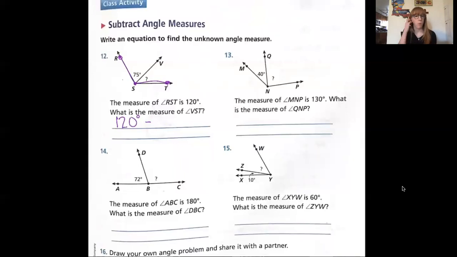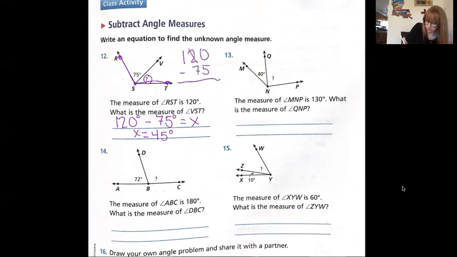We take away 75 degrees because we're looking for this unknown. So we subtract 75 degrees to find X, and X equals 45 degrees. And then you can double check your math by subtracting to the side here.